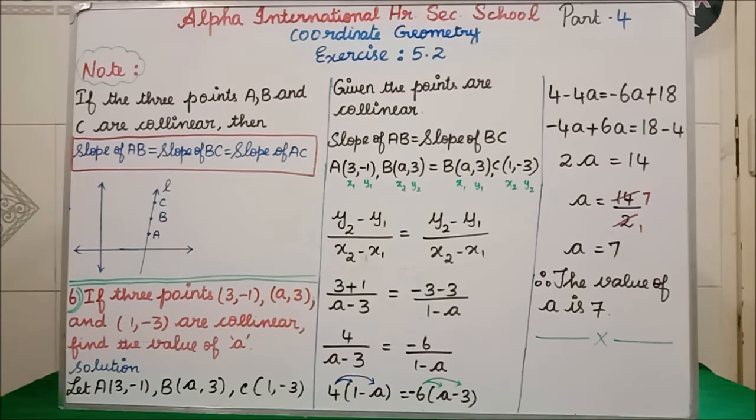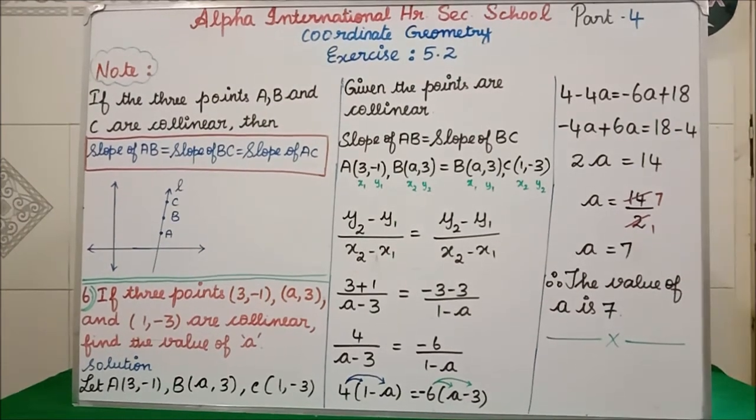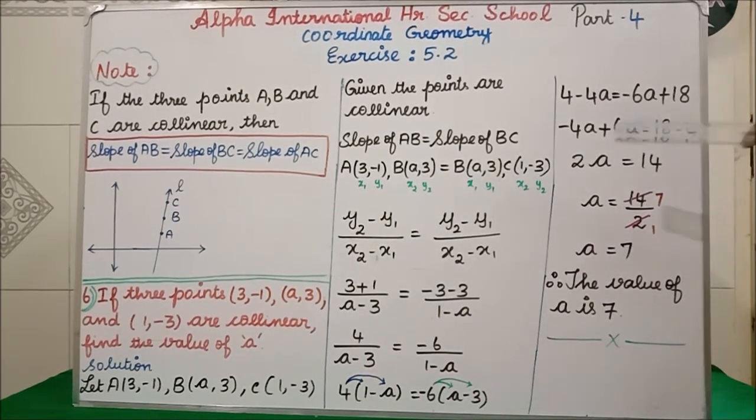Clear? The next step, the a values we are taking one side and the numbers one side. Clear all of you? So if the minus 4a and minus 6a come this side, what will happen? This minus 6a comes this side, plus 6a equal to 18.